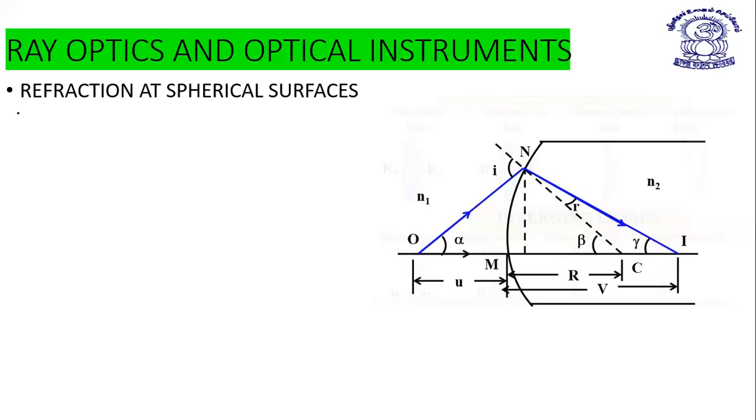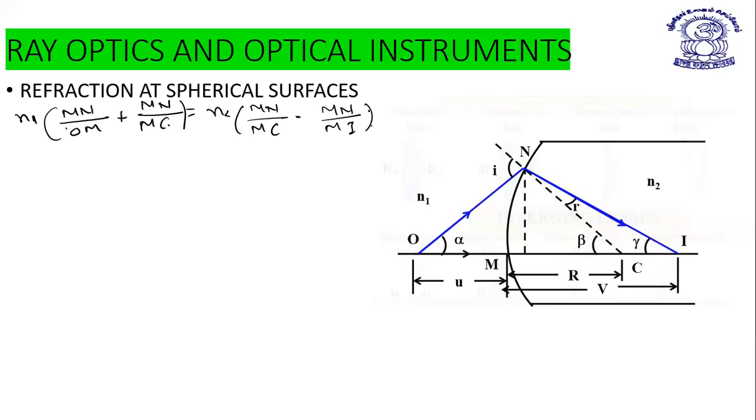Putting the values of alpha, beta and gamma: alpha is MN divided by OM, beta is MN divided by MC, and gamma is MN divided by MI. Taking MN common from both sides, it will get cancelled out.